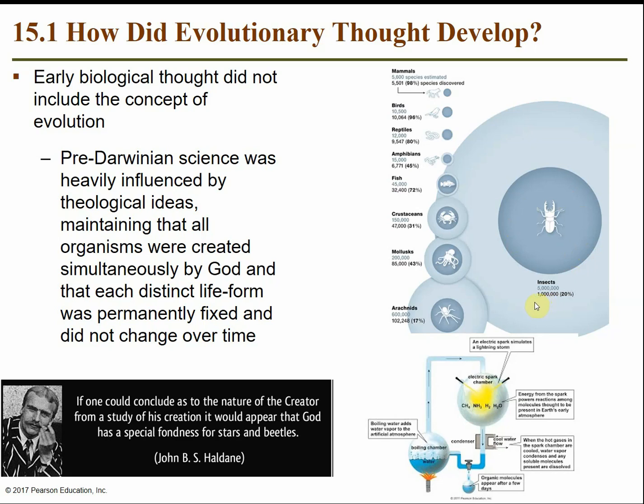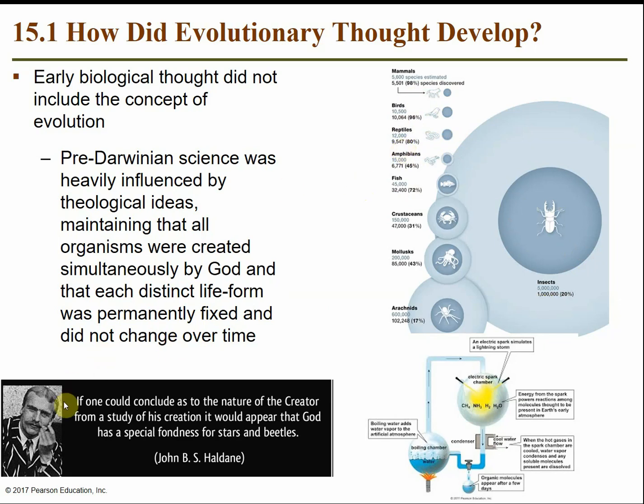There are 1 million known species of insects, and it's estimated that there are probably 5 million total, with many yet to be discovered, compared to mammals, birds, and reptiles, which have a much lower species density.